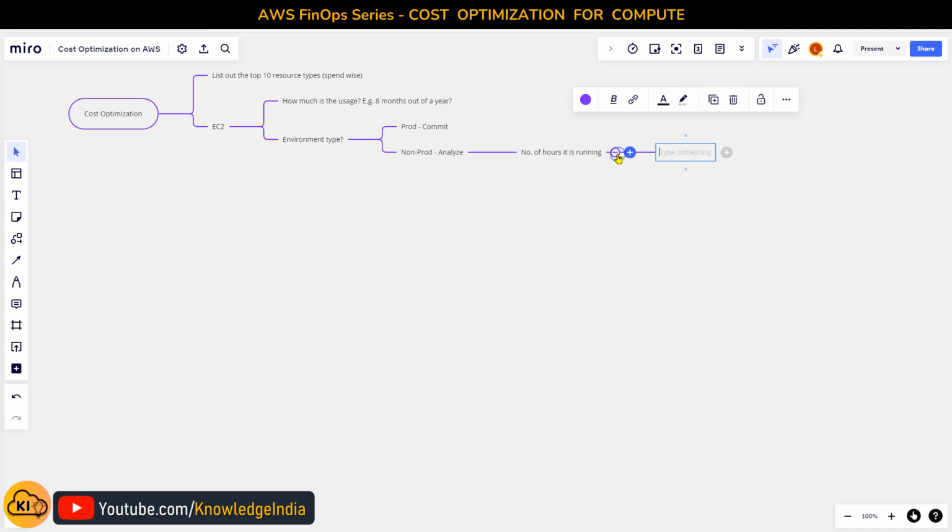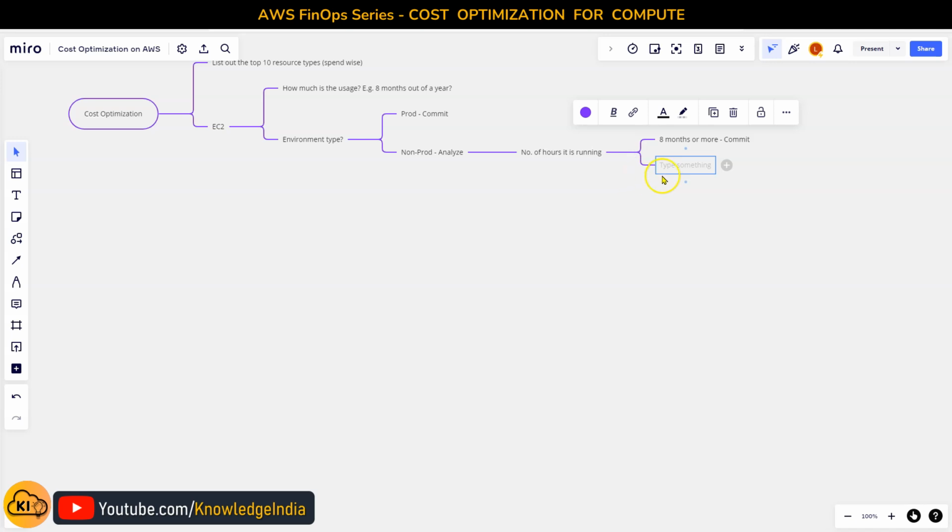So if I take it further, let's say 8 months or more, then you go ahead and commit, with some sort of reservation or savings plan. Or if it is less than 8 months, then let it be on the on-demand pricing.